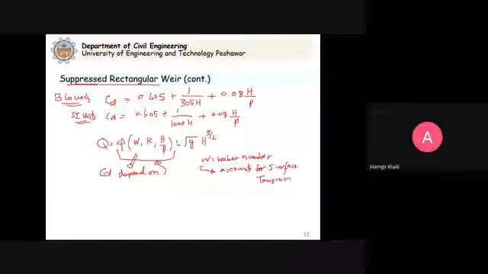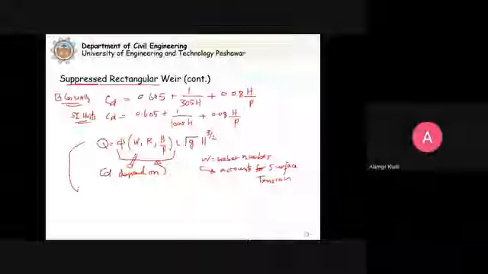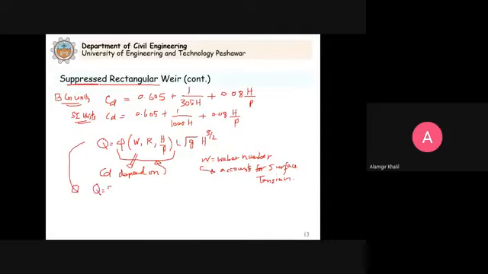So instead what we do is this equation, which is available in your textbook chapter 11, we write as Q is equal to CW into L into H to the 3 by 2, where CW is the weir coefficient.